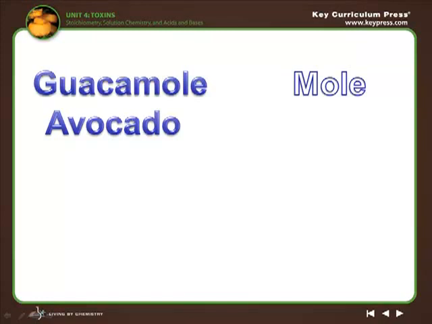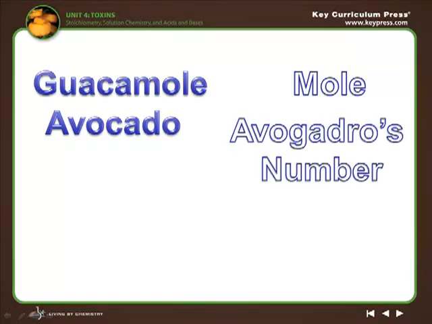Now, the interesting thing is, the mole was invented by a chemist with the last name Avogadro. Kind of like avocado. The mole is a specific amount of particles, and Avogadro's number is the number of particles in one mole. Now, inside this container, this happens to be a mole of sodium chloride.